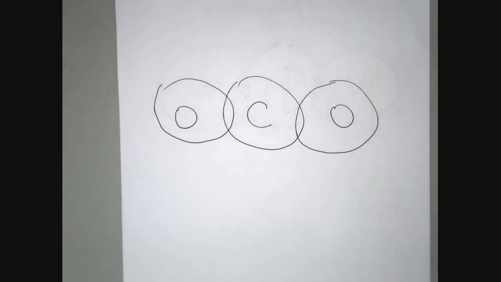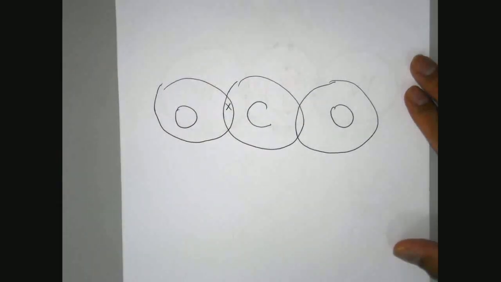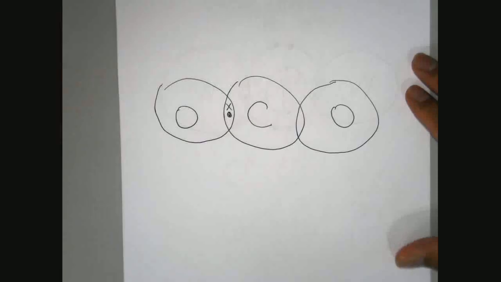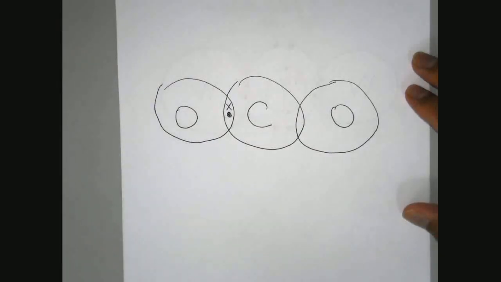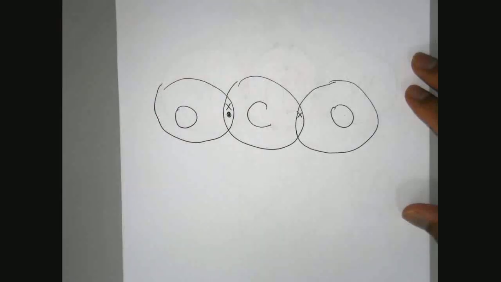So we should try and error, we try one by one. We just try by sharing 1 electron in the first place. So let's assume the oxygen shares 1 electron here and the carbon also shares 1 electron here. Same thing, this oxygen also shares 1 electron here and the carbon also shares 1 electron over here.